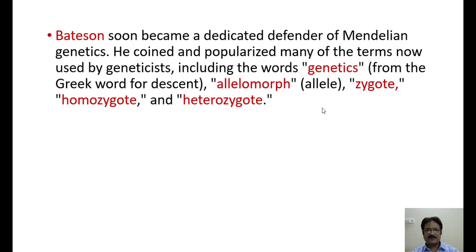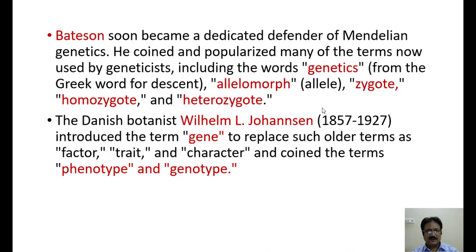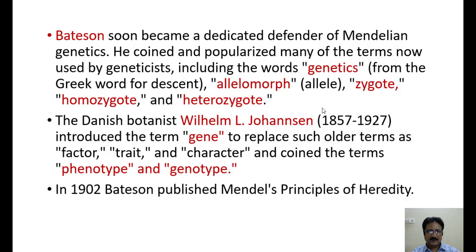He coined and popularized many of the terms now used in genetics, like genetics, allelomorph, zygote, homozygote, heterozygote. Danish botanist Johannsen introduced the term gene to replace older terms, factors and characters, and he termed phenotype and genotype. So thereafter, genetics took its own pace, and till now it is continuing.